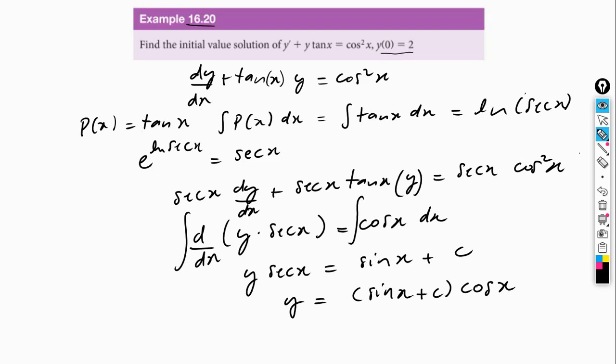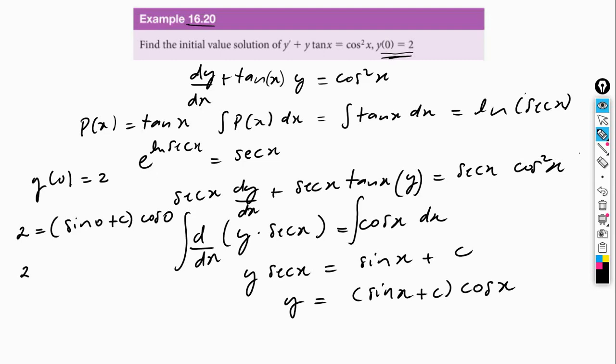So we know that y of 0 is equal to 2, as I indicated up here. So that means that 2 is equal to the sine of 0 plus c times the cosine of 0.